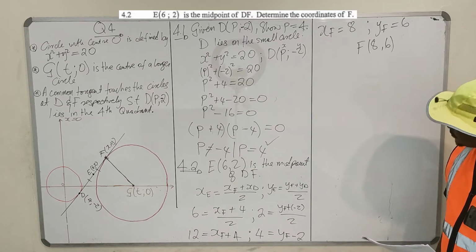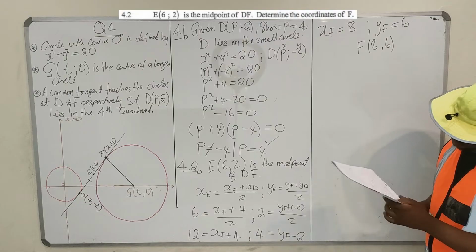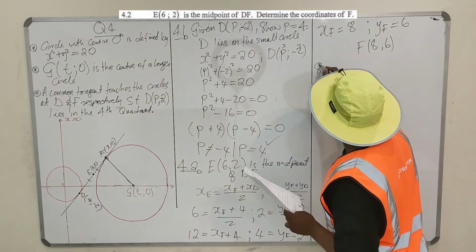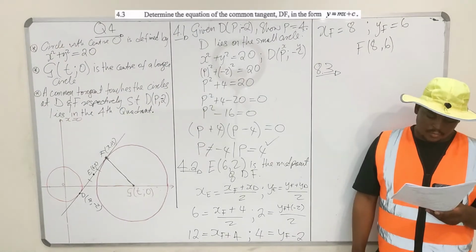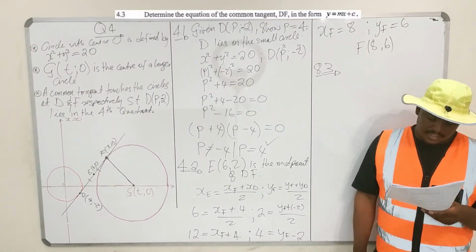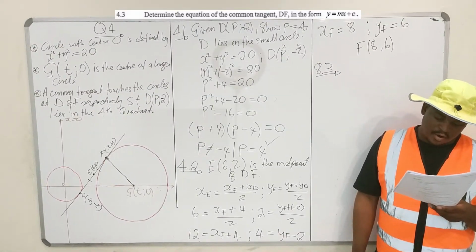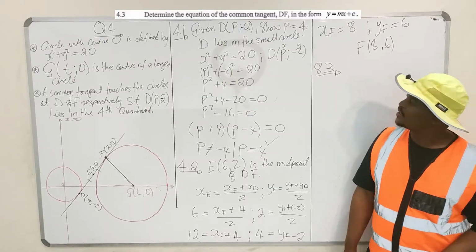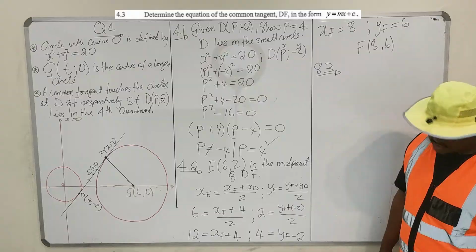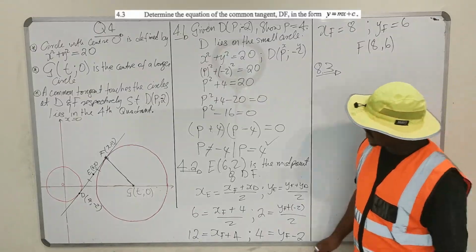Then we move to where? To 8.3. So now we're doing 4.3. They're saying determine the equation of the tangent DF in the form y is equal to mx plus c. They want us to find the equation of what? Of the tangent DF.